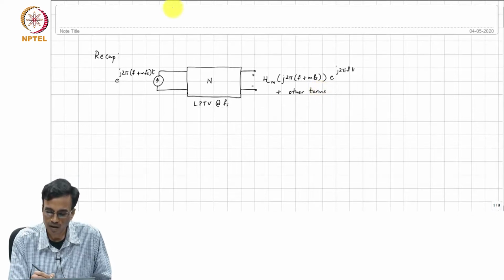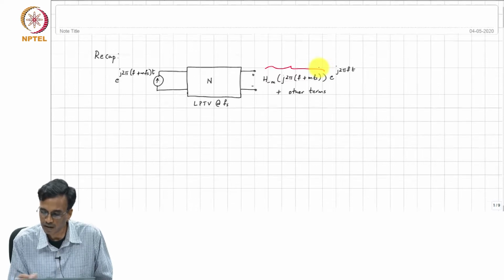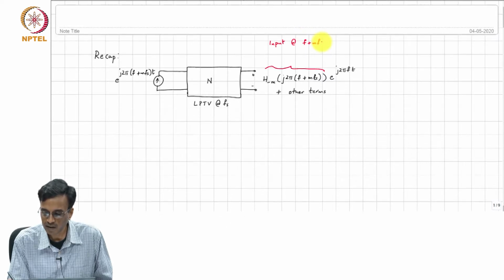As you know, this number quantifies the ratio of the input at f plus m Fs and output at f.